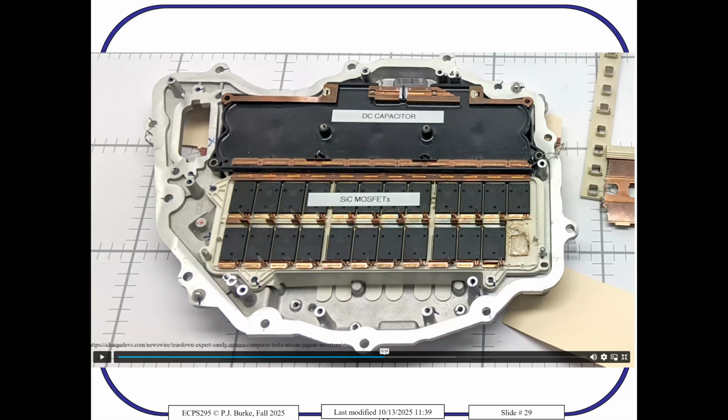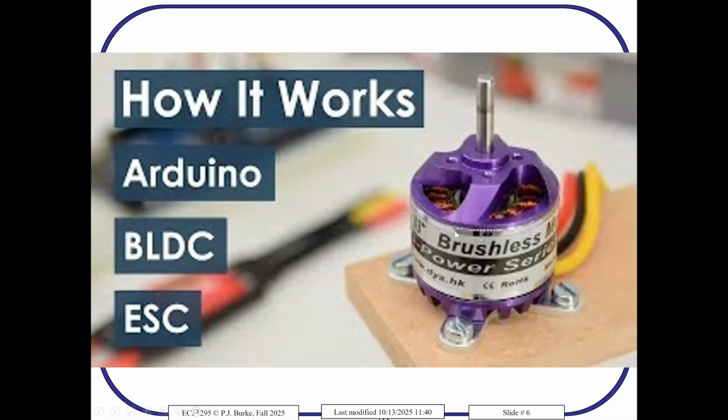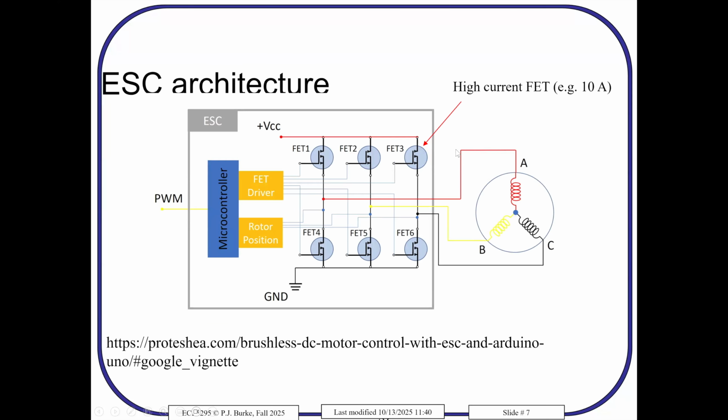In other words, let's go back to this architecture. Same thing as a Tesla. Instead of 1 FET, they have 4 in parallel. But let's just ignore that. Let's say there's 1 FET, and let's say there's 100 amps flowing through that FET through the motor. And the FET in the off state is open circuit, no power is being dissipated in the FET. But if the FET is in the on state, let's say it's a 1 ohm on resistance, and there's 100 amps flowing through, how much power is being dissipated in that FET?